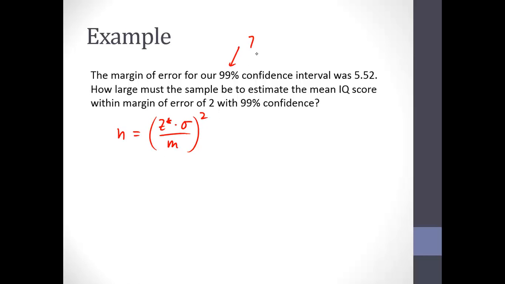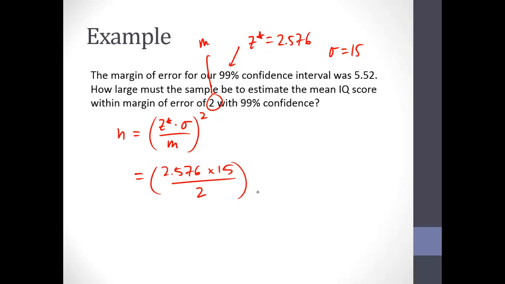For 99% confidence, z star is 2.576, sigma is still 15, and if I want my margin of error m to be 2, I can plug these in. So n equals 2.576 times 15 divided by 2, squared.